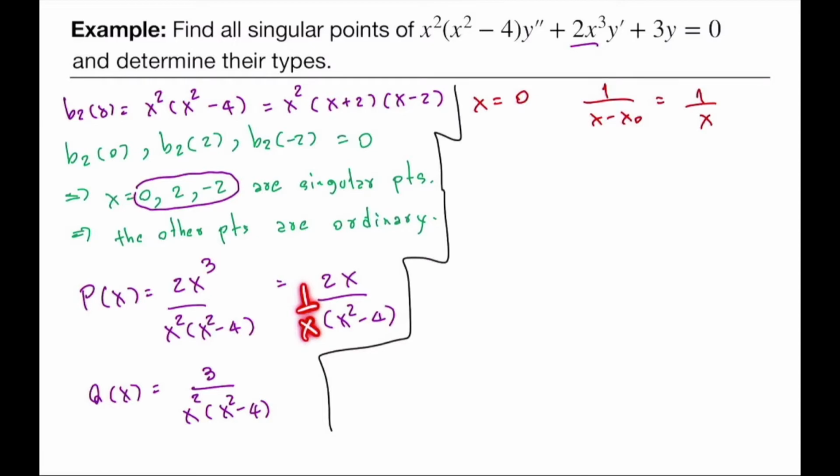Which means that the power of 1 over x of the factor is 0, which is less than or equal to 1. And this is 1 over x squared, so it's 2, which is less than or equal to 2. It means that x equals 0 is a regular singular point.